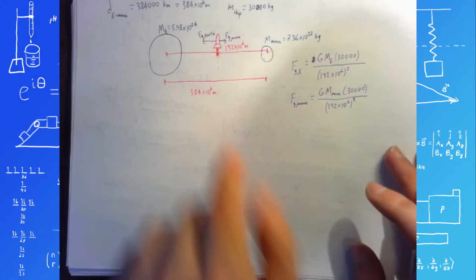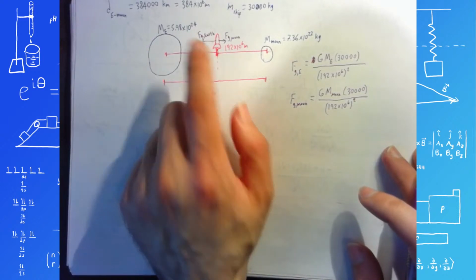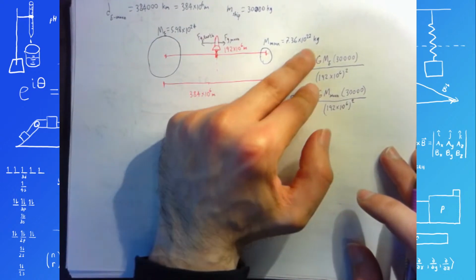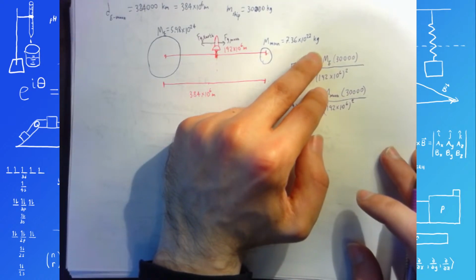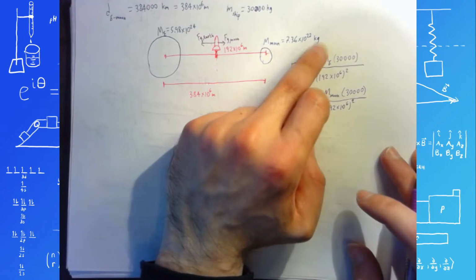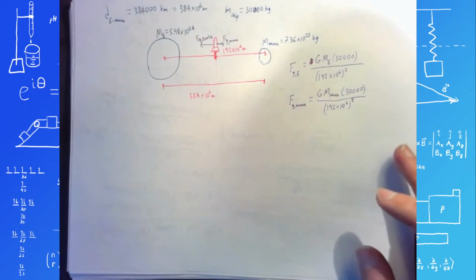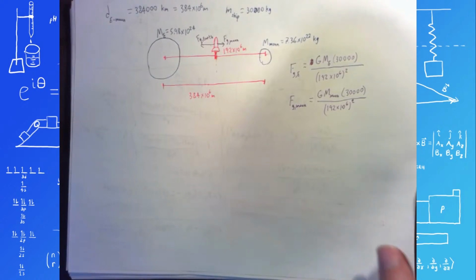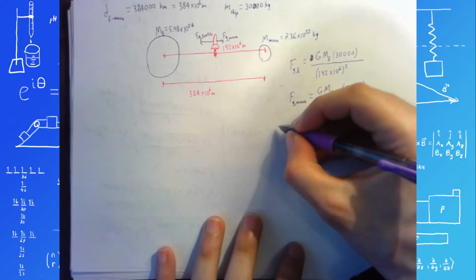So force of gravity Earth I would expect to be bigger because the denominators are the same and the G's are the same. The main difference is just M Earth versus M moon. Mass of the Earth is bigger, so force of gravity due to the Earth is, probably surprising to no one, bigger. So force of gravity Earth minus force of gravity moon would be the net force on the ship.